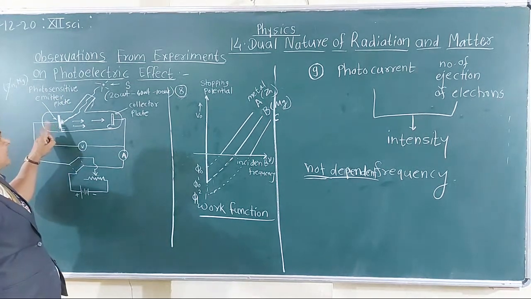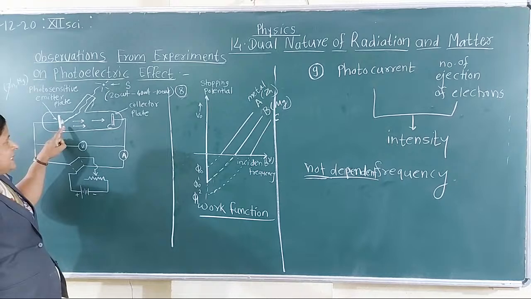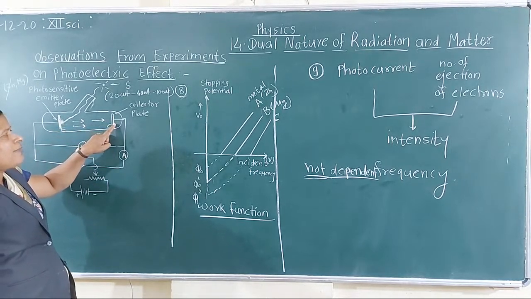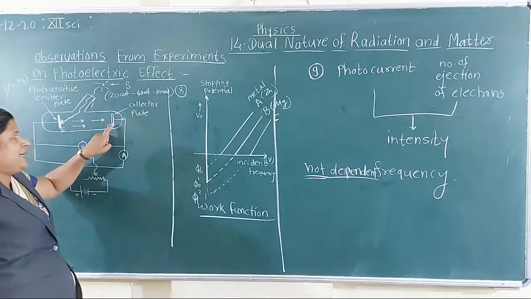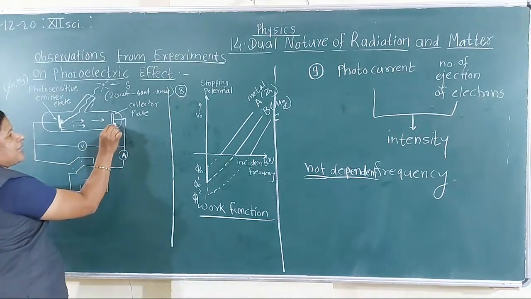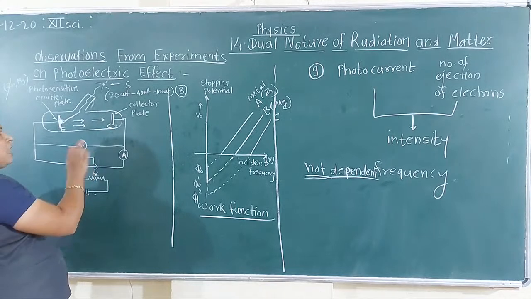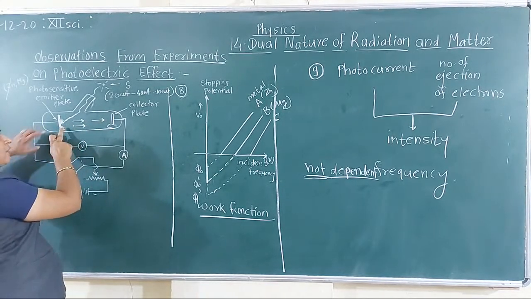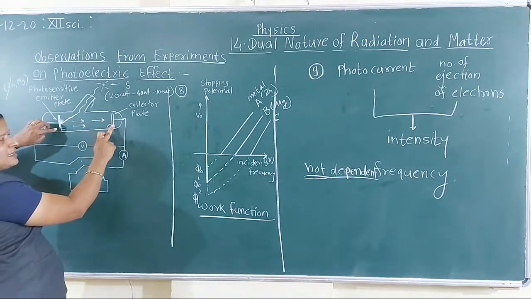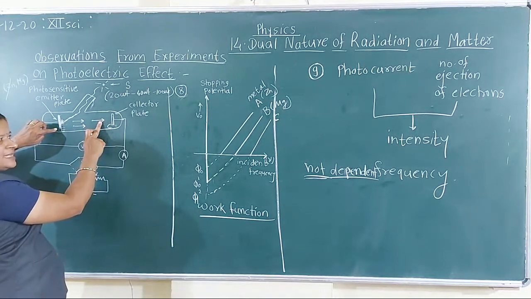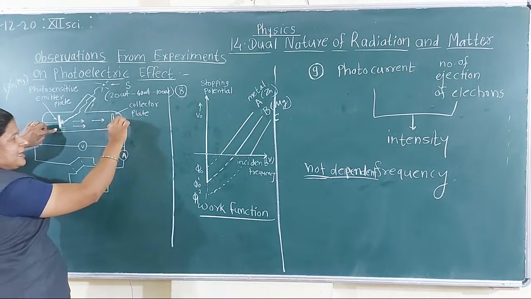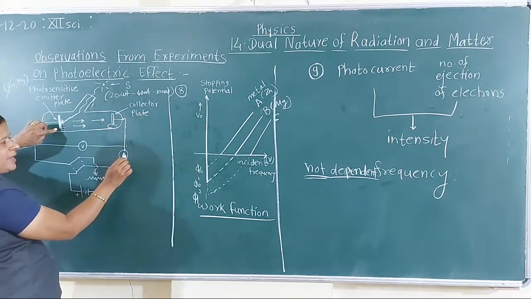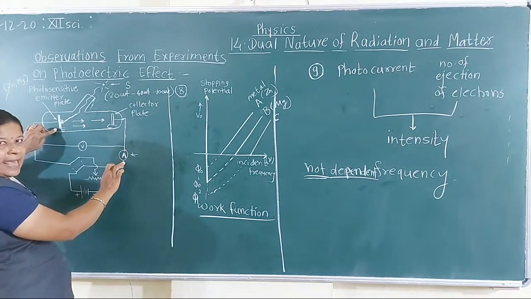Electrons from this emitter plate are ejected instantaneously and collected by this collector plate. This collector plate has a positive charge, and as the electrons are ejected, this collector collects them, and these electrons flow through this wire, which can be noted in the ammeter.